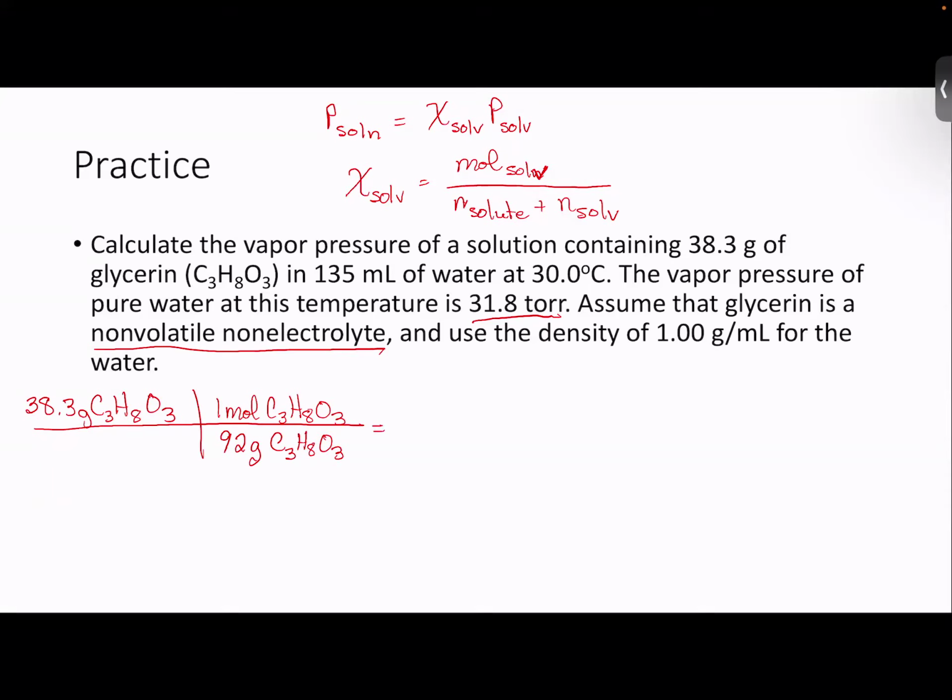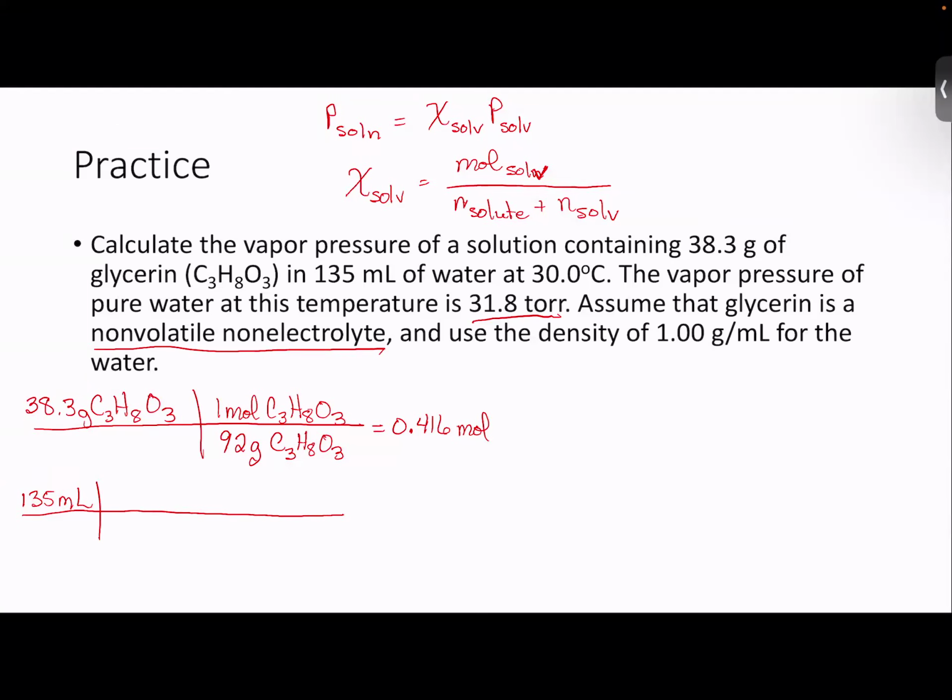So 38.3 divided by 92 is 0.416 moles of glycerin. The next thing I need is the moles of the solvent, which is the moles of water. So I'm going to take that 135 milliliters of water and convert that into moles of water.